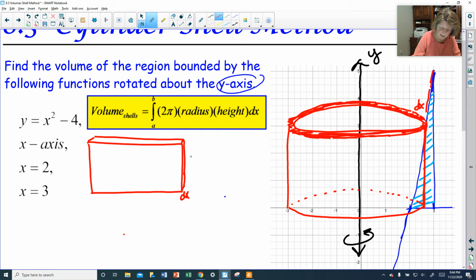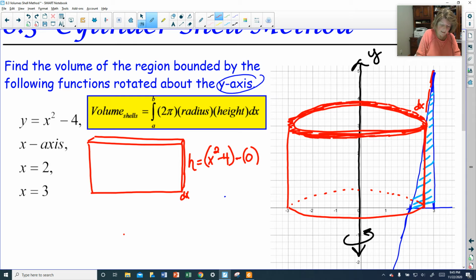And it has a height, and that height is determined by my function. And so it is following the x squared minus 4 all the way down to the x-axis. So minus 0, I could do top minus bottom, which I guess I could throw it in there. There's the top minus the bottom, but it's still just going to be x squared minus 4.